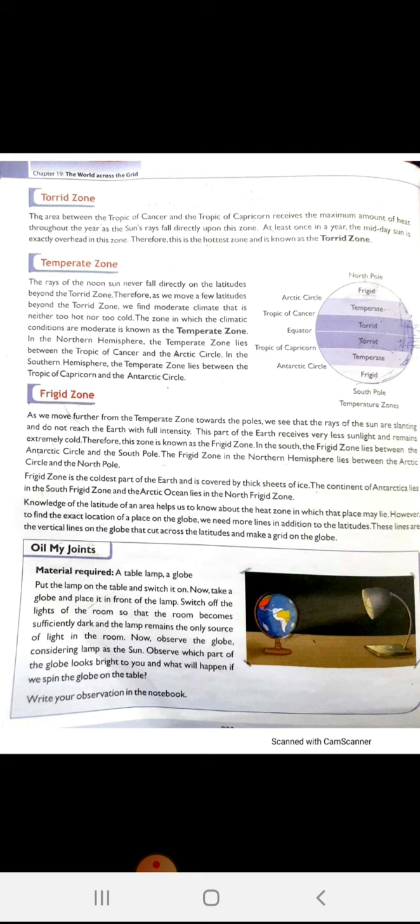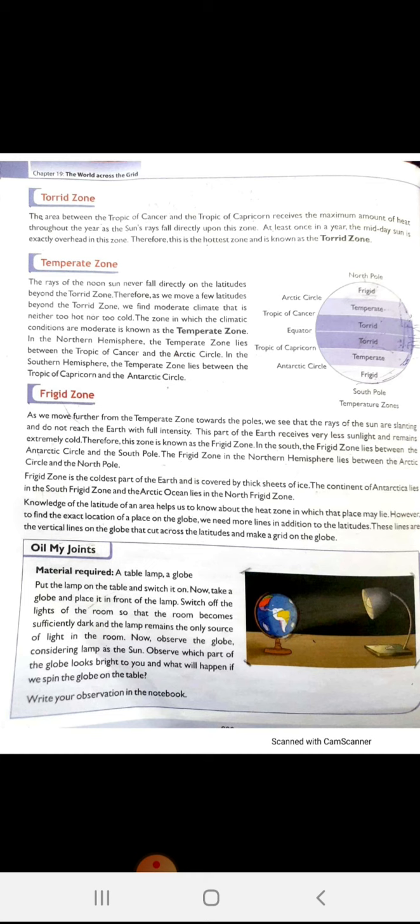This part of the earth receives very little sunlight and remains extremely cold. Very little sunlight reaches because of slanting rays, that's why the temperature is very low, in the minus. Therefore this zone is known as the frigid zone. In the south, the frigid zone lies between the Antarctic Circle and the South Pole.